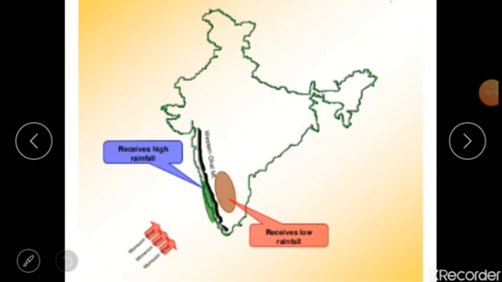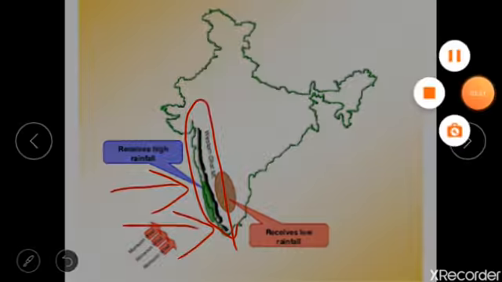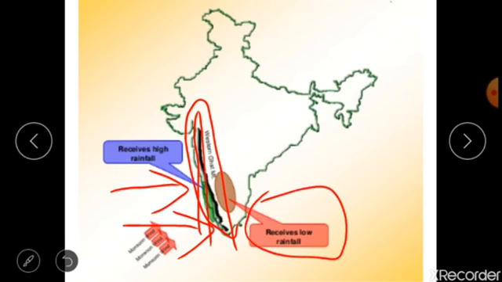Let's say, for example, the Western Ghats. These are the Western Ghats, a mountain range. So the wind coming from there is blocked by these mountains. So this region, which is lying on the leeward side of these mountain ranges, receives low rainfall.